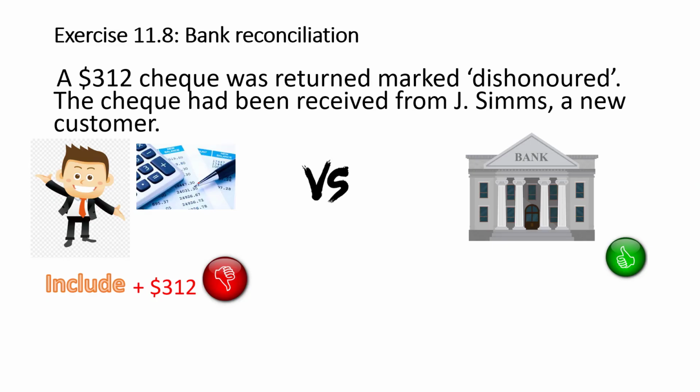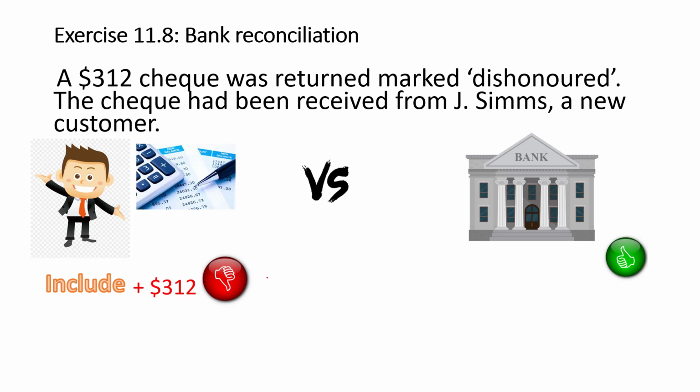Okay. The third adjustment: a check of 312 was returned marked dishonored. This check had been received from JSIM, a new customer. Previously, we added 312 in our accounts.